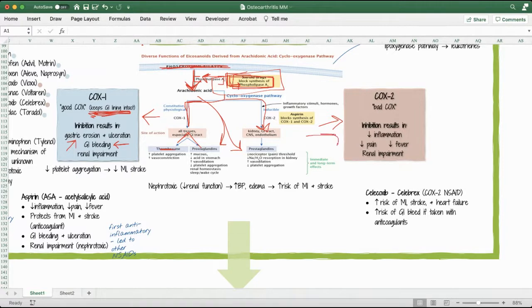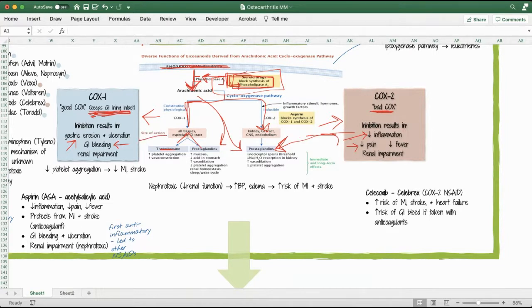So if we look over here to this enzyme, if we consider this the bad one, then when we inhibit it, we're basically inhibiting the creation of this prostaglandin, which means there's a decrease in inflammation and a decrease in pain and fever.